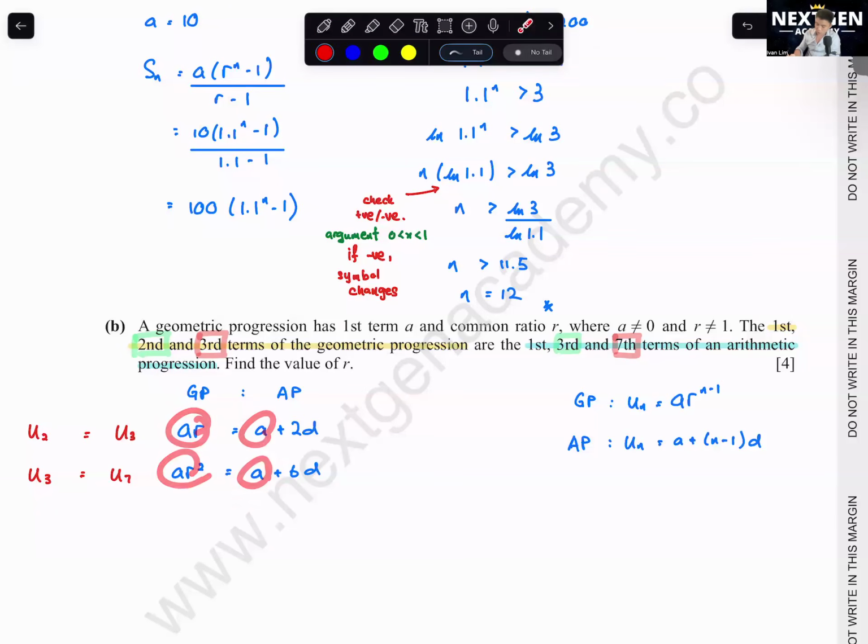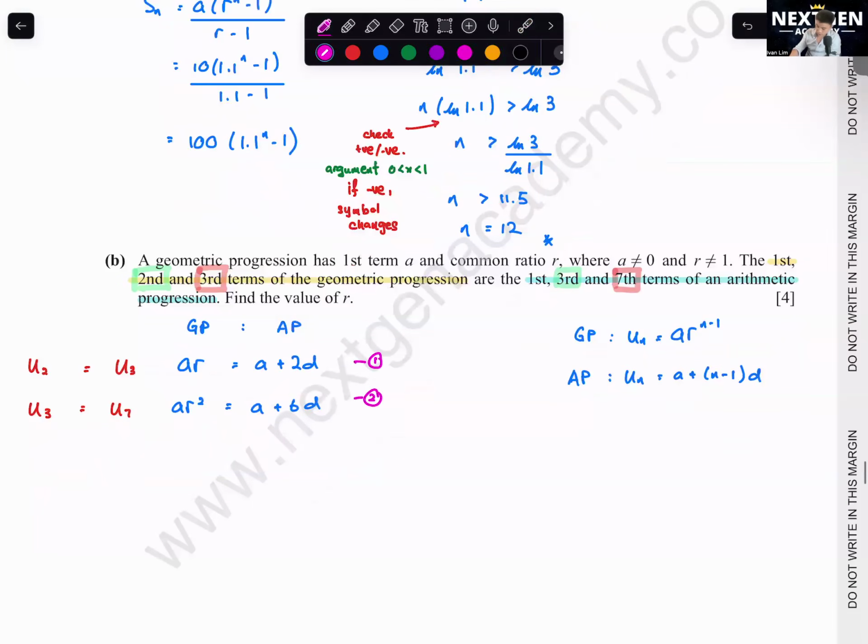Let's call this equation 1, this one equation 2. We bring the A both to one side first. So this is from equation 1: AR minus A equals 2D. And here, AR square minus A equals 6D.